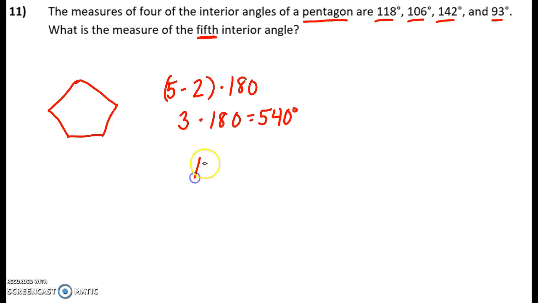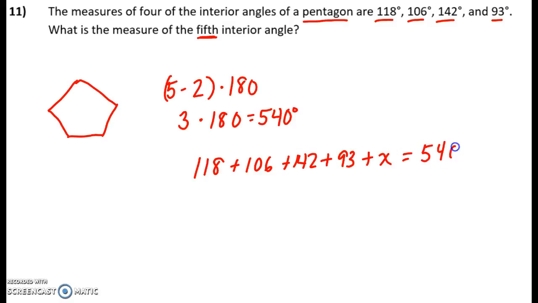So I take 118 plus 106 plus 142 plus 93 plus x is equal to 540 degrees. Now, when you combine like terms, you get a total of 459 degrees.